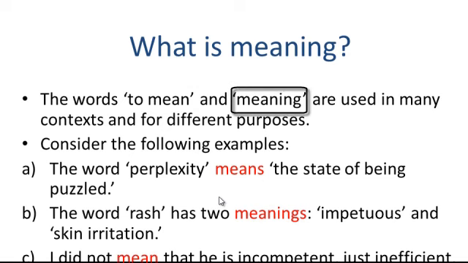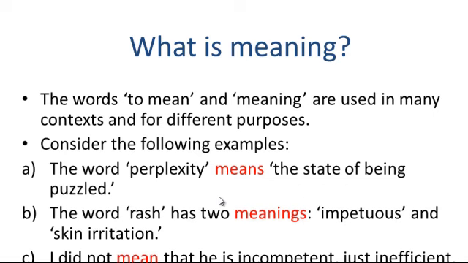Here we see that the words to mean and meaning are used in many contexts and for different purposes. So for us to see what to mean means and also what meaning is all about, we need to see how the word mean as well as the word meaning are used in different contexts. Here I have in mind the way we find words in a dictionary.